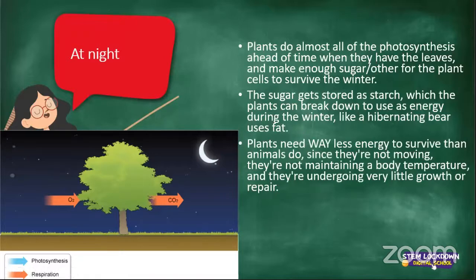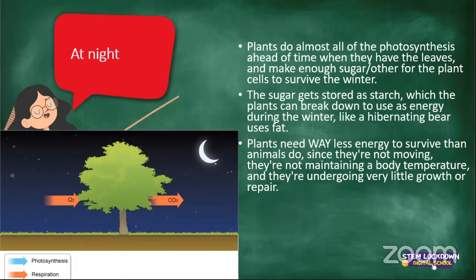Plants do not use up as much energy as animals or humans do, right? They do not move as much as humans or animals. They don't go hunting for food or anything like that. So they do not need as much energy as humans or animals, since they are not moving.